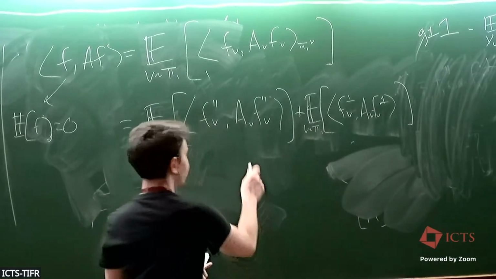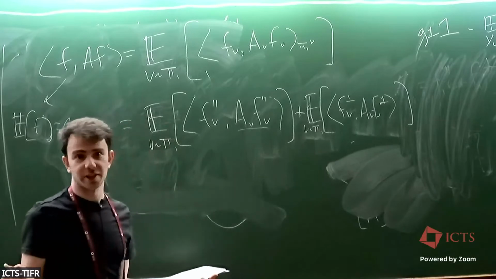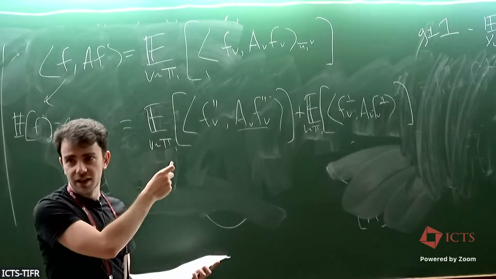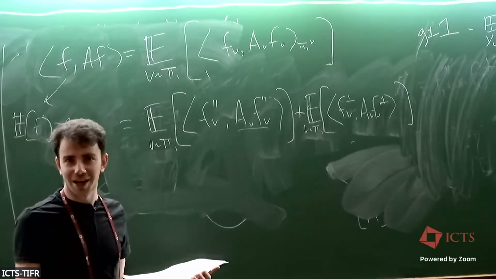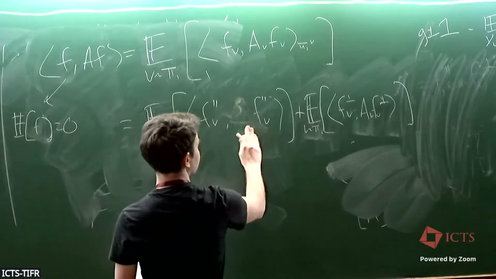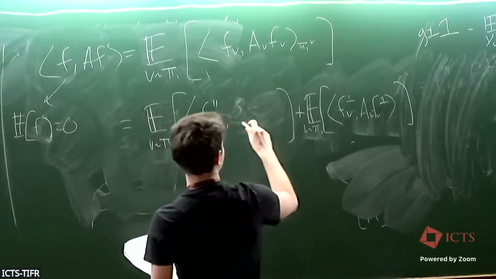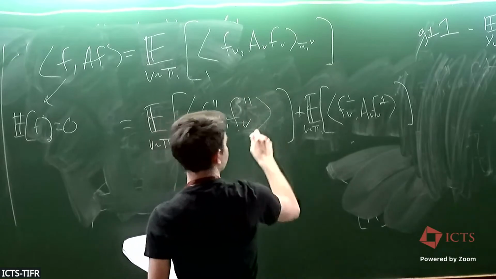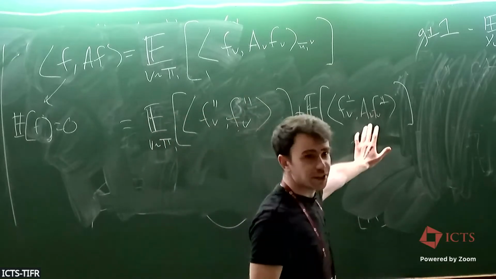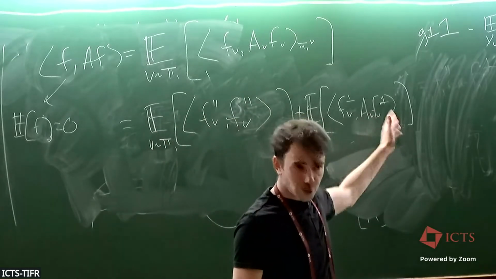Now, one thing: AV FV parallel is just FV parallel, because this is the all ones vector, the eigenvector with eigenvalue one, so I can just erase AV. And over here, now I do indeed have a perpendicular function, so I can apply expansion.